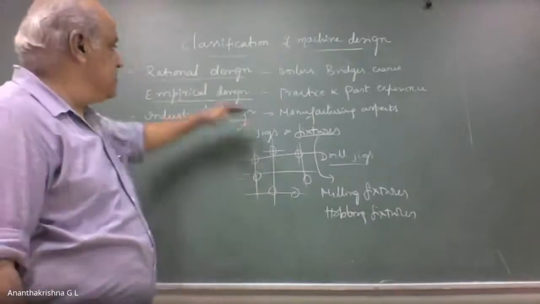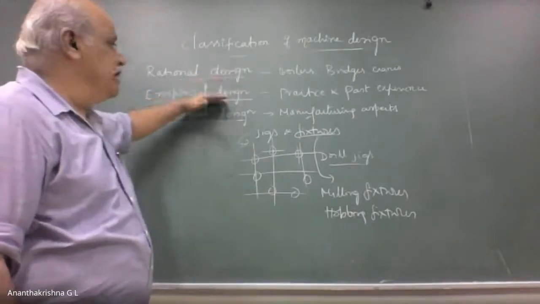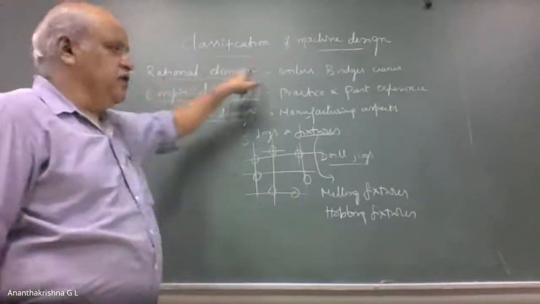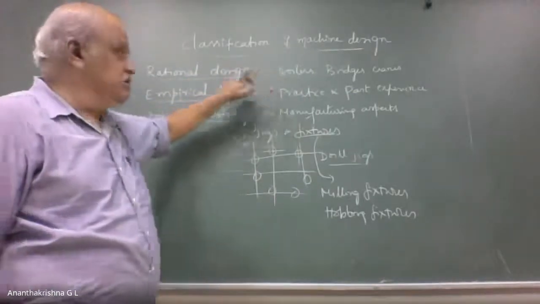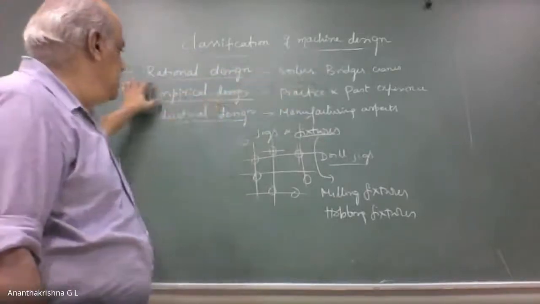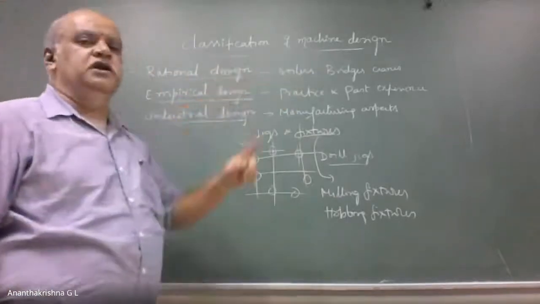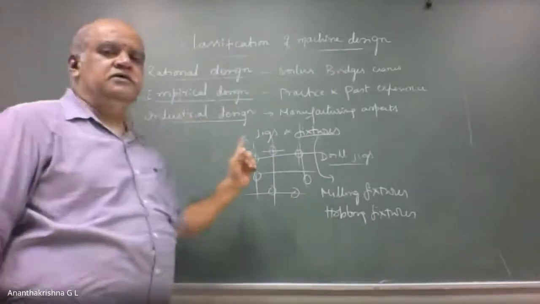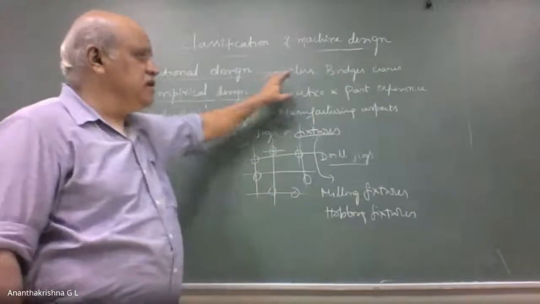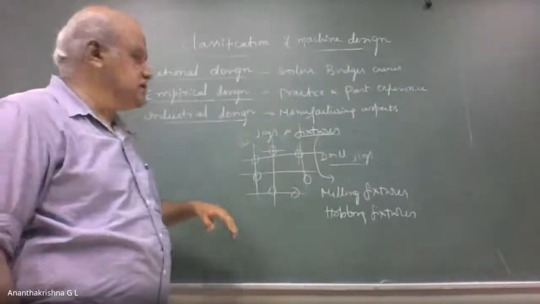So what are the three designs? Rational design, empirical design, industrial design. Rational design, where mathematics is involved in determining the size of the components. Examples: boilers, bridges, cranes, etc. Empirical design is based on empirical formulae produced by practice and past experience.